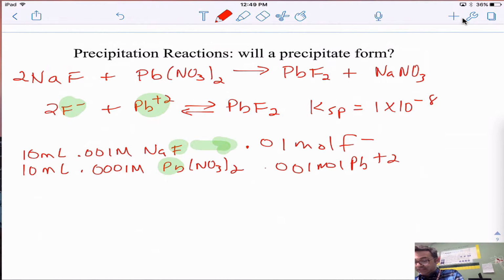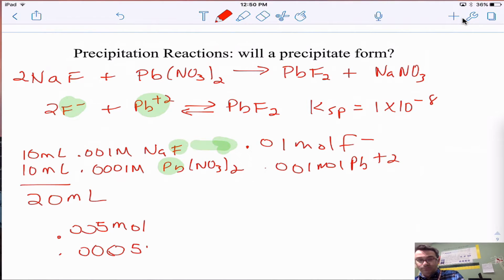Instead of having 10 milliliters of each, I have 20 milliliters total. That means my volume is doubled and my molarity has been cut in half. So my F⁻ really becomes 0.005 moles per liter, and my Pb²⁺ becomes 0.0005 moles per liter.